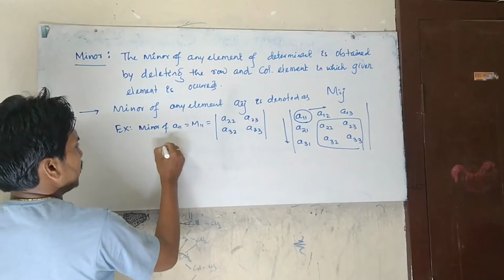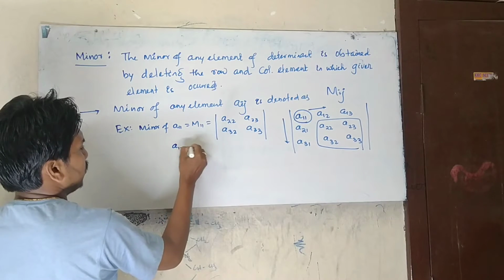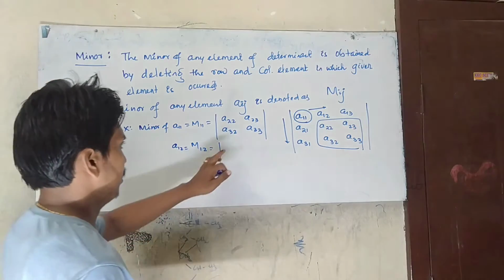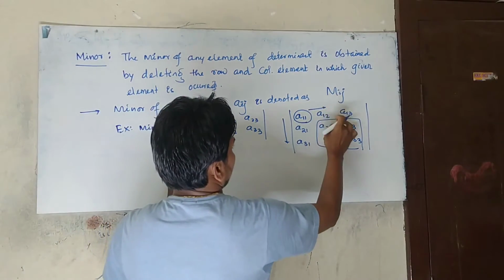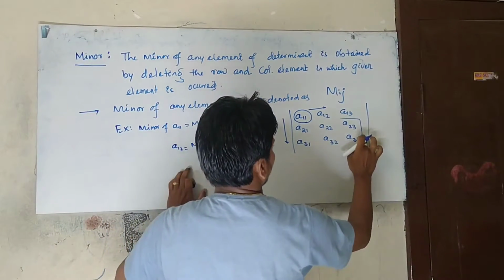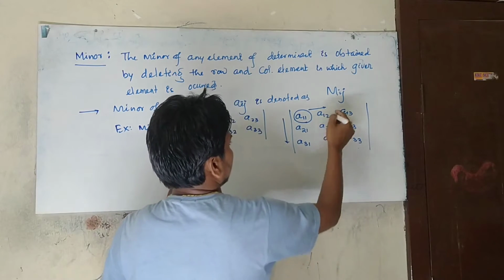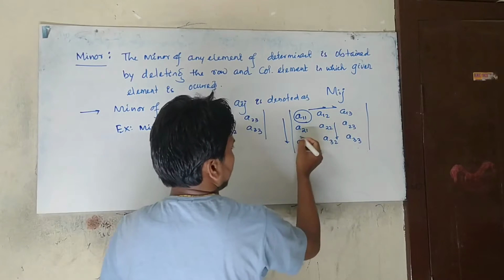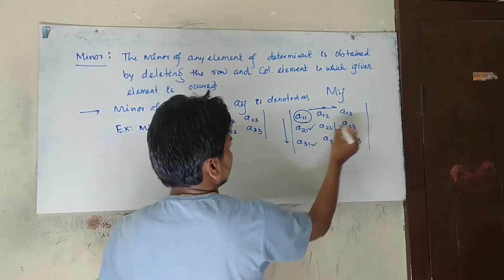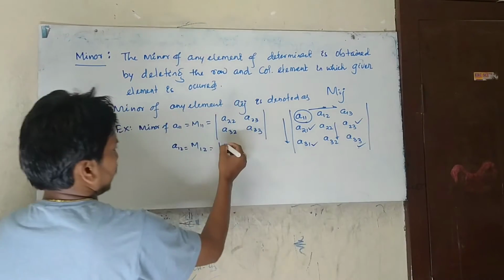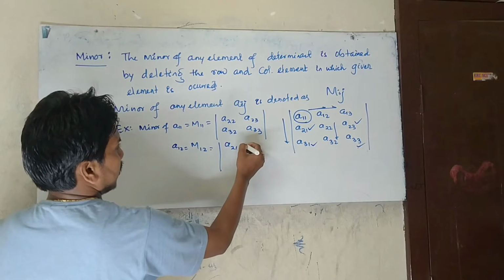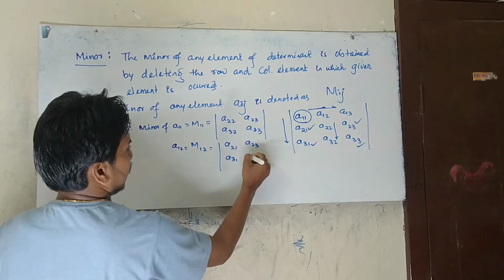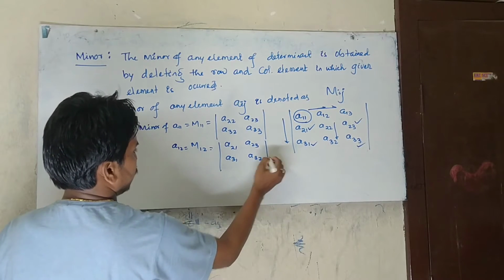Now the minor of A12, that is called M12. Now you have to forget this row element and this column element. The remaining are A21, A23, A31, and A32.